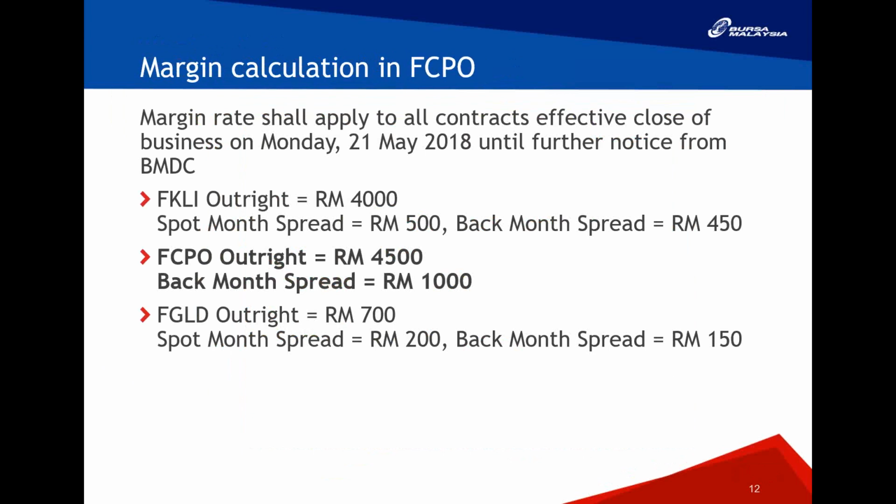That means you need only 4,500 to control one CPO contract. But if you take a look at the specification, it also says spread is at 1,000. In fact, spread margin has increased to 1,002 recently, which you can see in the next slide.